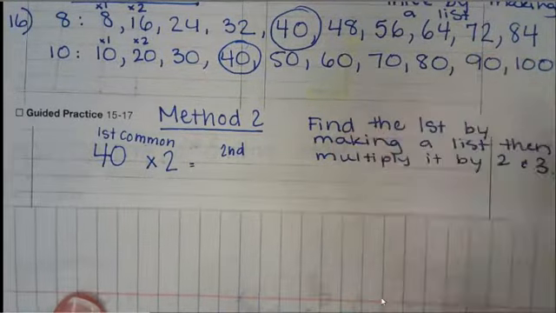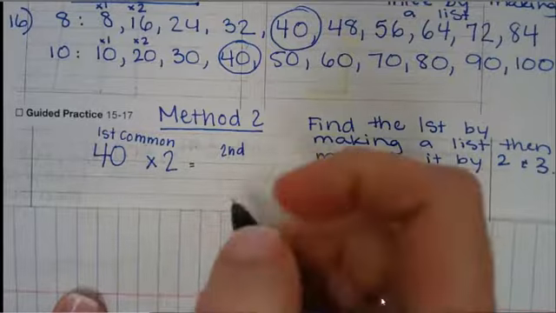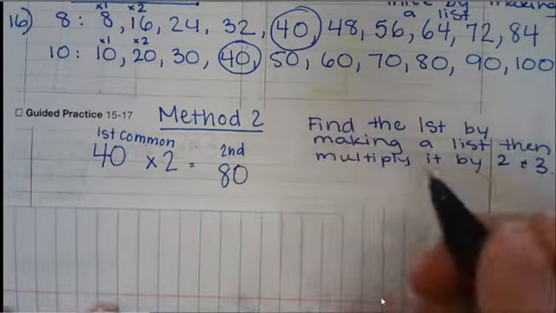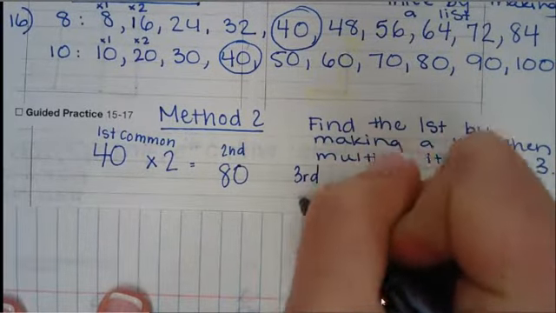And then times 3 to find the third common multiple. So the second should be 80. And then the third should be 120.